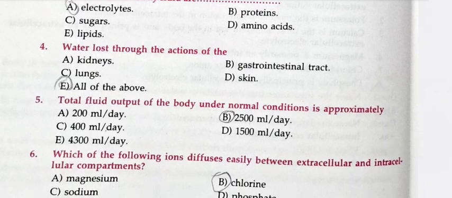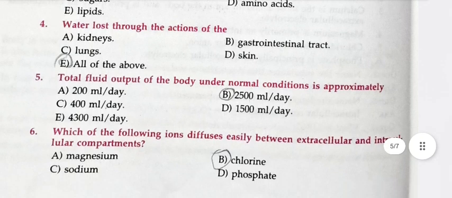Total fluid output of the body under normal conditions is approximately 2500 ml per day, that is 2.5 liters per day.